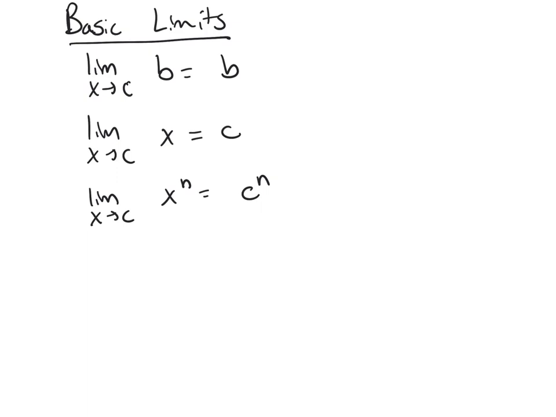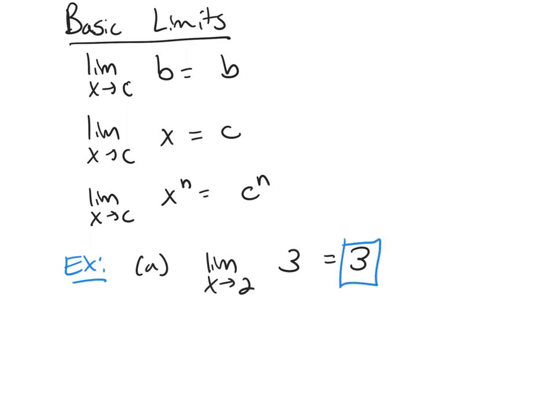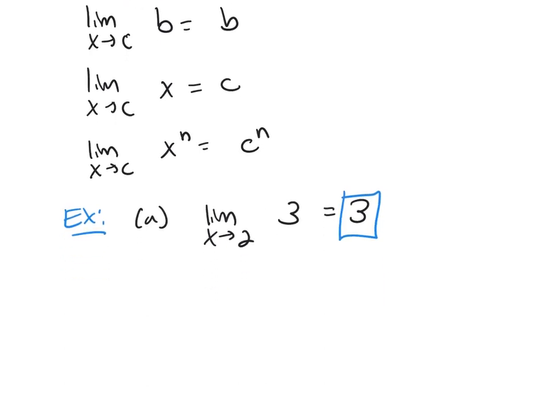So let's look at some concrete examples. If I take the limit as x goes to 2 of 3, this limit would be 3. This is a constant function, so its limit is always 3.